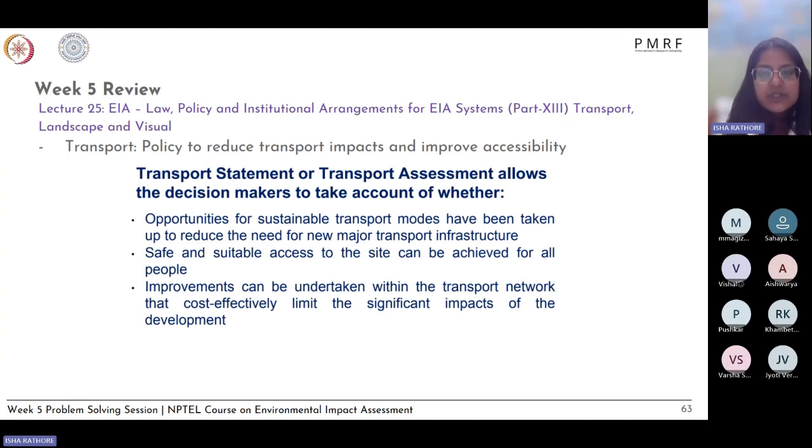A transport statement or transport assessment allows us to consider the opportunities for sustainable transport modes to reduce the need for new major transport infrastructure, ensure safe and suitable access to the site can be achieved by people of all kinds, and that improvements can be undertaken within the transport network that cost-effectively limit the significant impacts of the development.